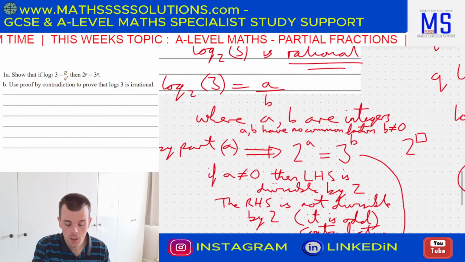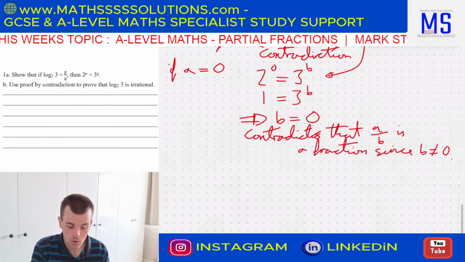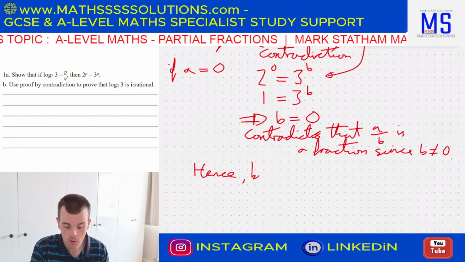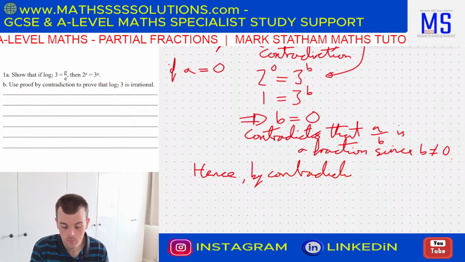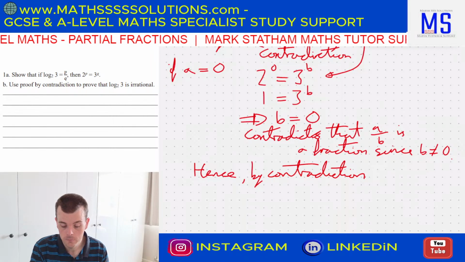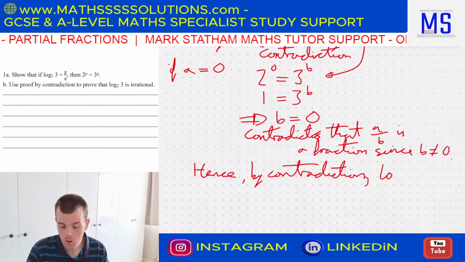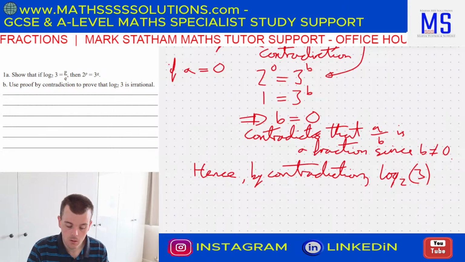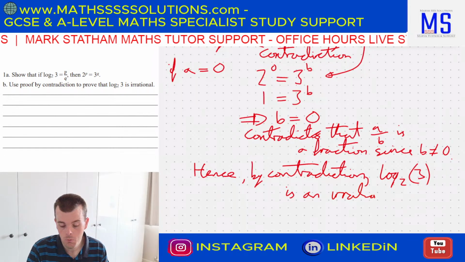So you've stated where your contradiction is, which is good, and then you'd put hence, again by contradiction, what have we proved? We have proved log base 2 of 3 is an irrational number.